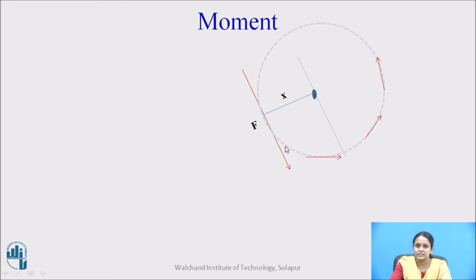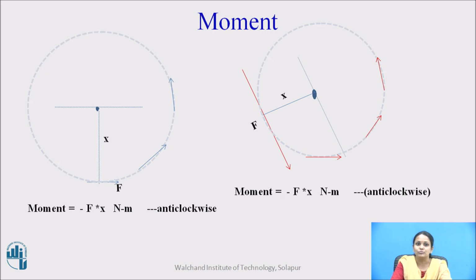So here we can call it the anti-clockwise movement, and we will consider anti-clockwise movement as the negative movement. So here you can see the moment is equal to force into perpendicular distance. It should not be only the distance, it should always be the perpendicular distance to the moment center. So this point is called the moment center.